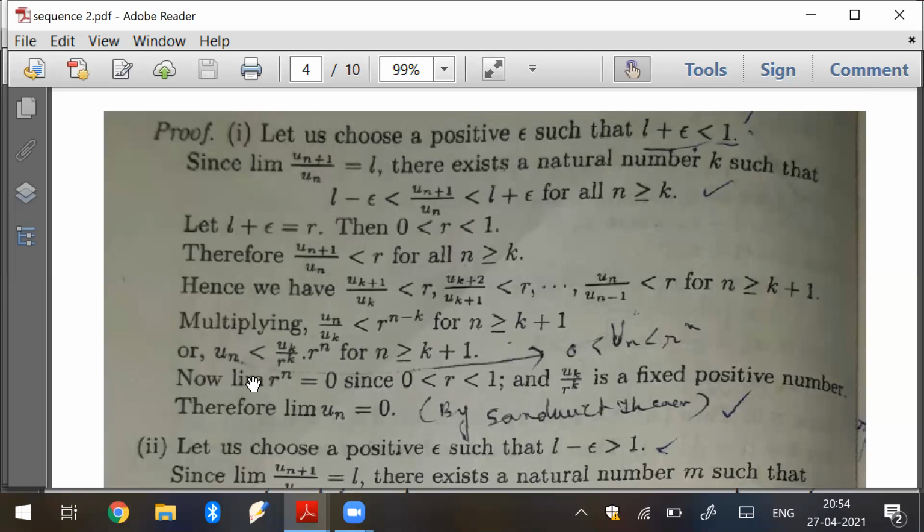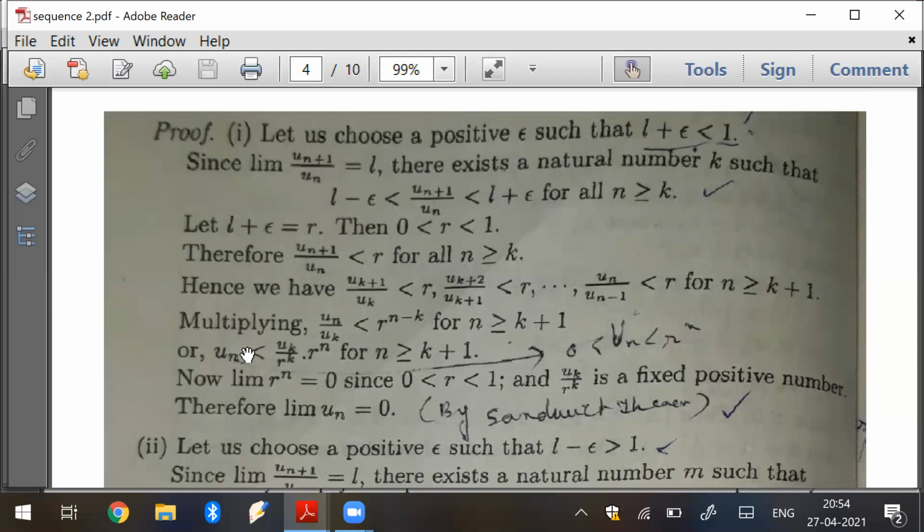Okay. So this converges to 0, and the constant is a fixed positive number. And your un is less than this r to the power n times a fixed positive number. If this is going towards 0, then obviously un should go towards 0, because on the left hand side, as un is positive, it is greater than 0 for any n you take.